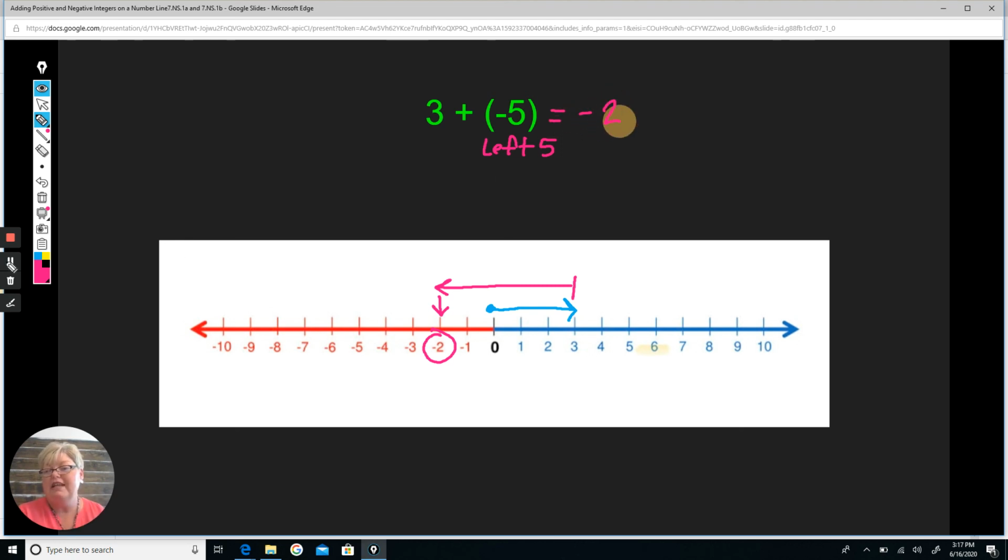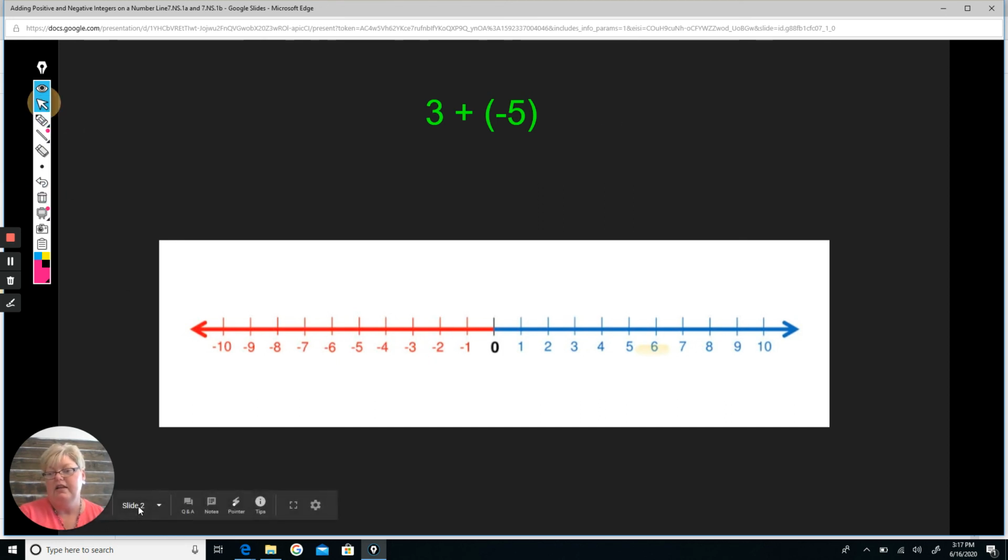So that's one example. We're going to do another example. So let's go ahead and get that slide pulled up. Here's the next example that we're going to look at. It's negative 5 plus 4. Again, we're going to start with 0. And we're going to go to our first term, which is negative 5. So I'm going to go all the way to negative 5.